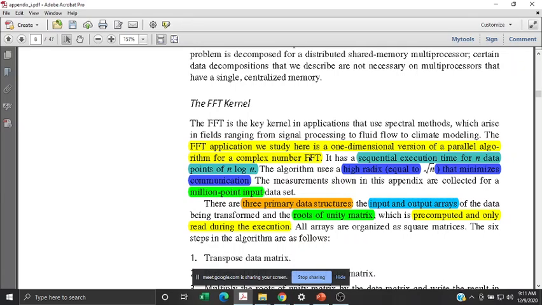Once you are able to predict it, it may be exponential, or it may scale linearly with the number of problem statements or nodes you are incorporating. So there is some graph you obtain and some expression for that. Big O notation states how computation time scales up or down as you scale up the problem statement. In this case, the algorithm uses a higher radix equal to root n that minimizes the communication.